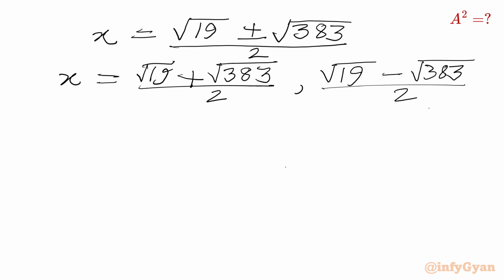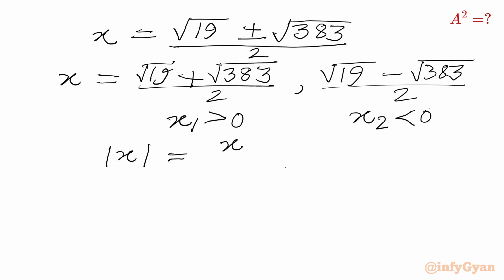If we check, square root 383 is greater than square root 19. So we have x1 which is positive and x2 which is negative. Now I will introduce the absolute value function, mod of x, which is equal to x if x is greater than or equal to 0, and it is equal to minus x if x is negative.